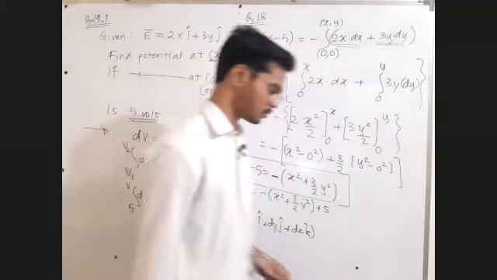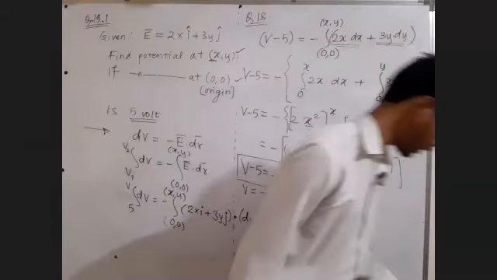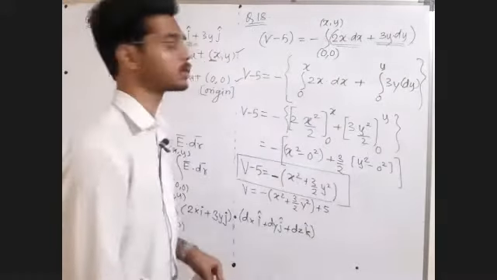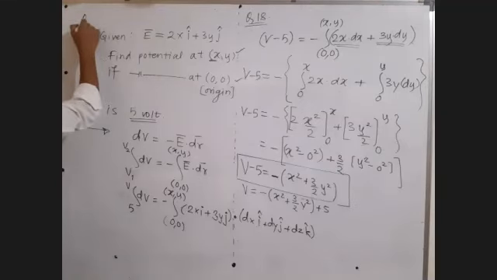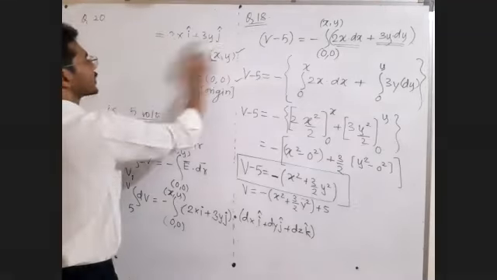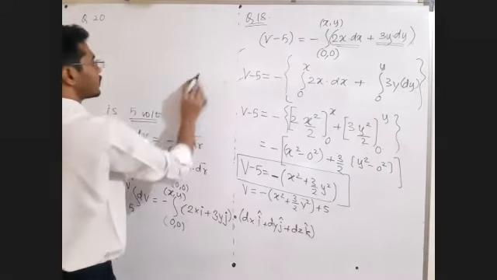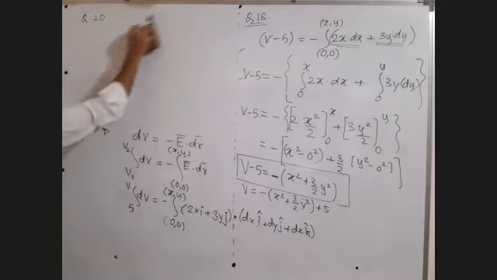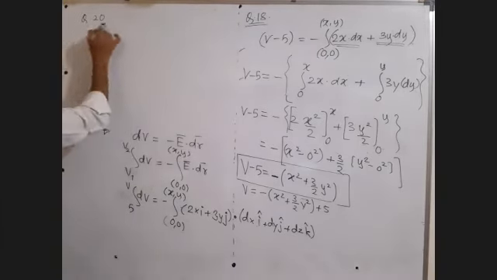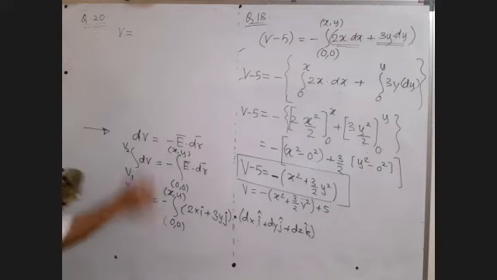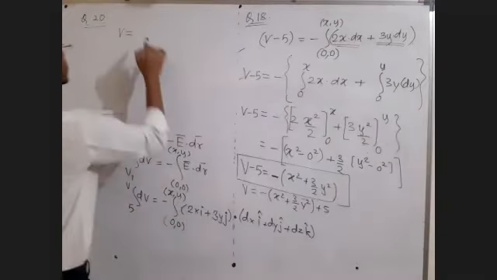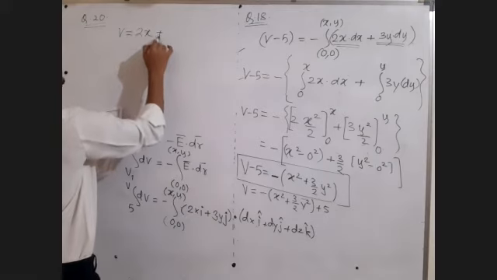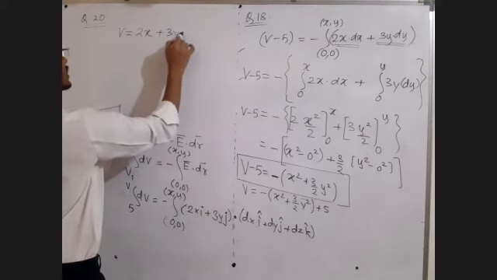Now let me give one question for you. Solve it and verify from the module. Question number 20. Now you are given the potential field and you have to find out electric field. Potential at given point xyz is a function of xyz as 2x plus 3y minus z.